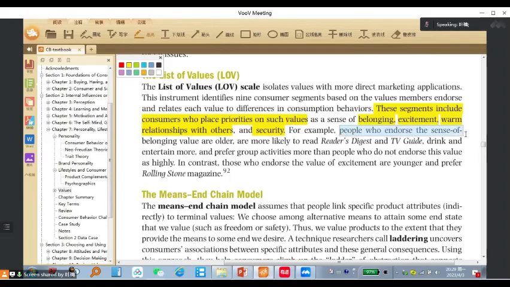People who endorse the sense of belonging value are older and more likely to read a specific TV program guide, drink and entertain more, and prefer group activities more than people who do not endorse this value. Those who endorse the value of excitement are younger and prefer Rolling Stone magazine.